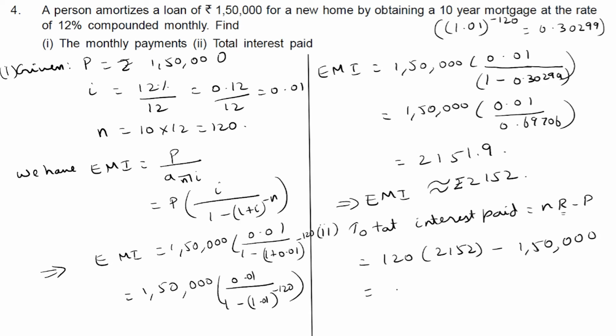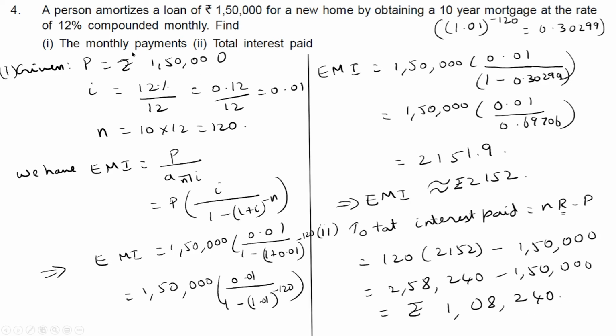So this is equal to 2,58,240 minus 1,50,000. So this is equal to rupees 1,08,240.